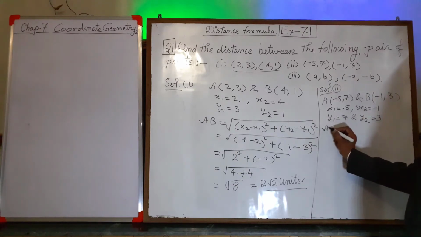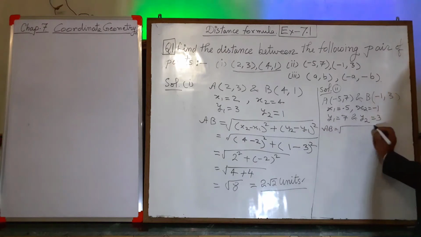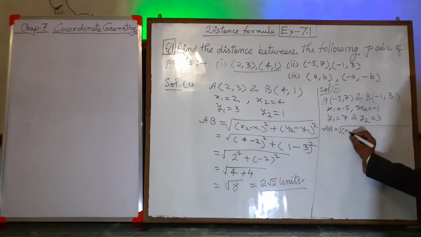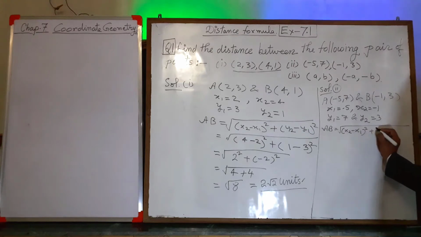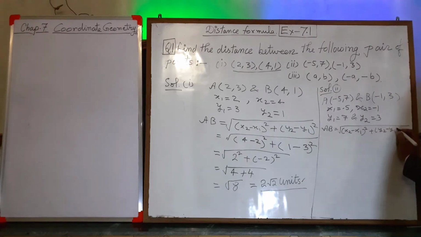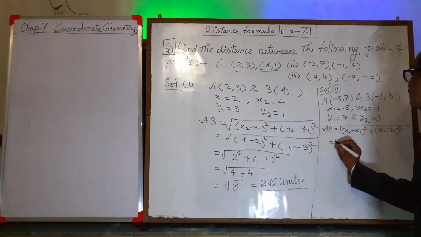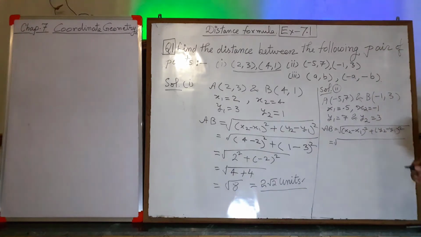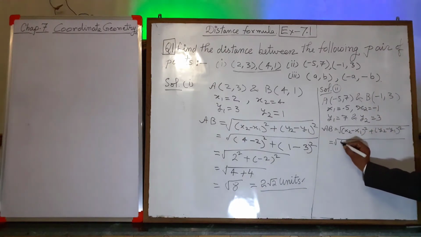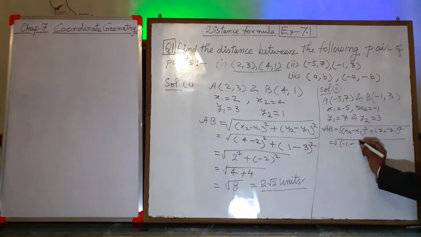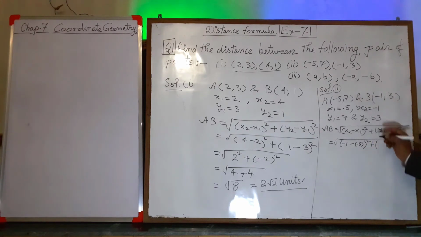So you can again apply the distance formula, that is x2 minus x1 whole square plus y2 minus y1 whole square. Now substituting all the values: x2 is minus 1 minus minus 5, plus y2, which is 3, minus y1, which is 7, whole square.